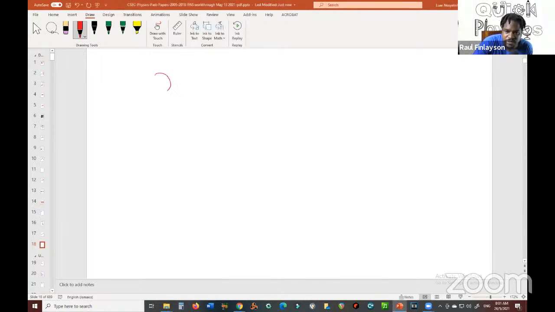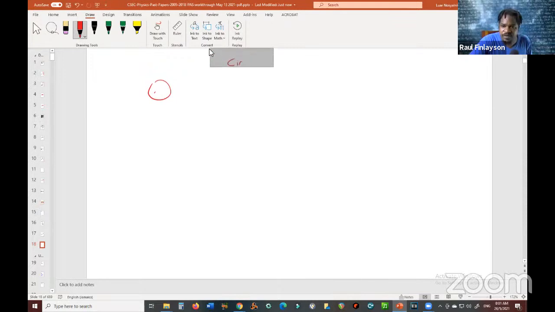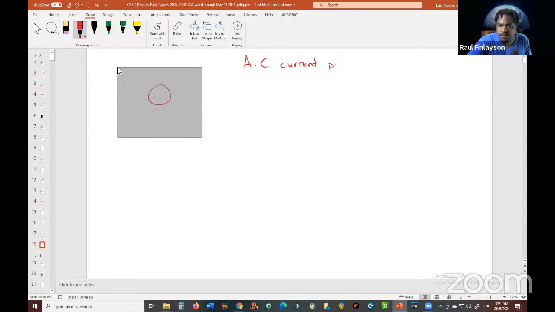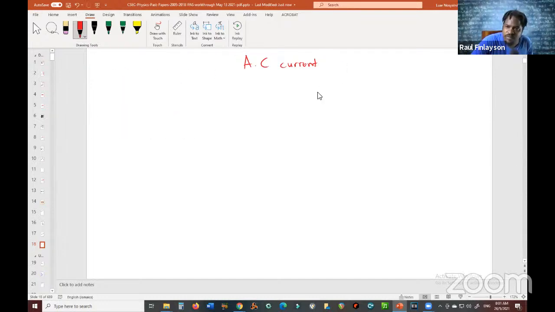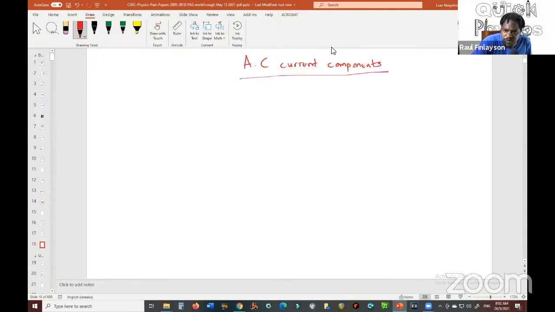AC current components. So now, AC current components.